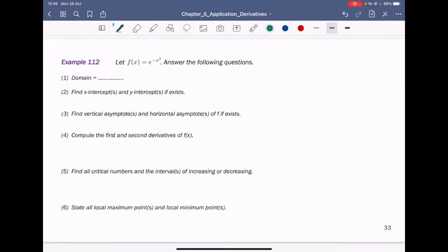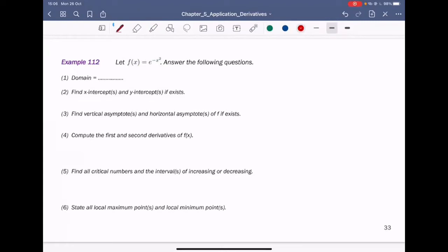For this question, I have a function f(x) equal to e to the negative x squared. I want you to sketch the graph of this function at the end, but we need to answer all the questions first. So the first one, when I have f(x) equal to e raised to the negative x squared, what is our domain?